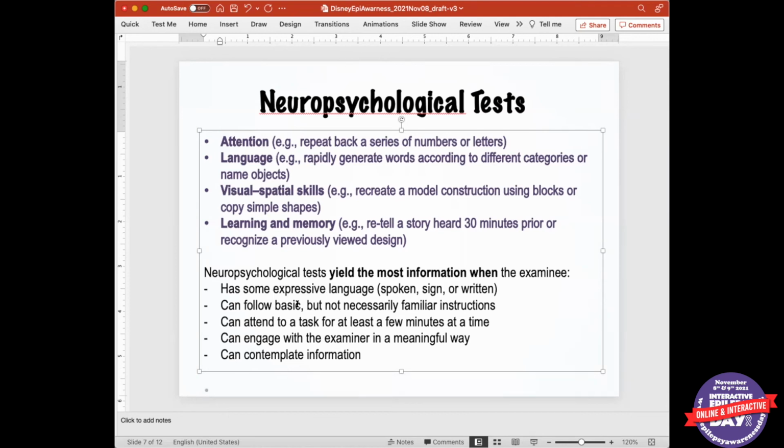And so with folks in that category, we have a more difficult time getting a good assessment. The examinee needs to be able to attend to a task for at least a few minutes at a time and engage with the examiner in a meaningful way. So be able to follow directives, respond, and indicate one's preference or decision, and be able to contemplate information.